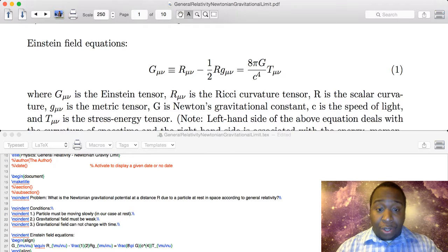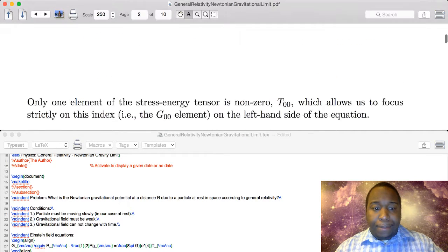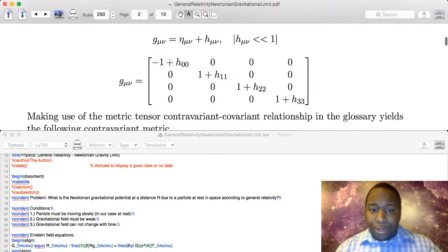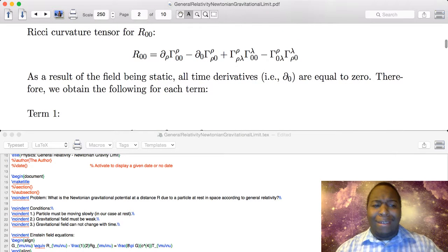In general, no, we'd be concerned with the entire metric, but for the purposes of this equation, we're only concerned with the G sub 00 term. But as you'll see, as we work through the problem, all elements along the diagonal are going to be important. All right, and I hope that made sense.